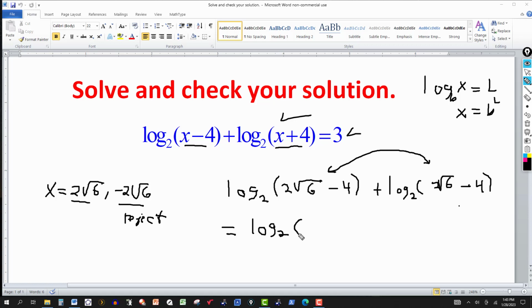The difference and the sum of the same two terms is just the difference of squares. So this would just be this quantity squared. We square the 2, that gives us a 4. Square the radical 6, that gives us a 6. So 4 times 6 is 24. So we get that. That's this times this. 2 times 2 is 4 again. Radical 6 times radical 6 is radical 36.